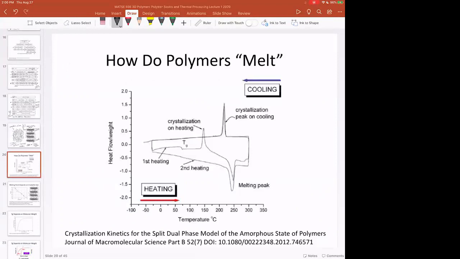Okay, so how do we find these thermal transitions? We use something called DSC, or differential scanning calorimetry.